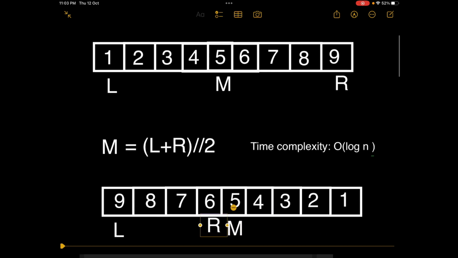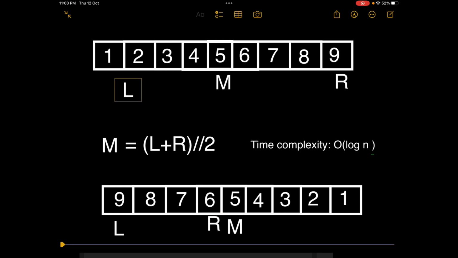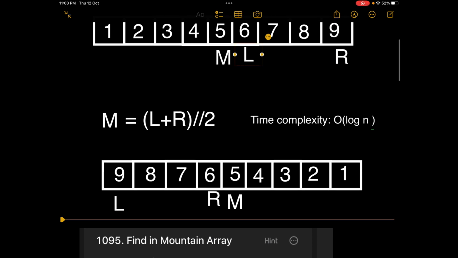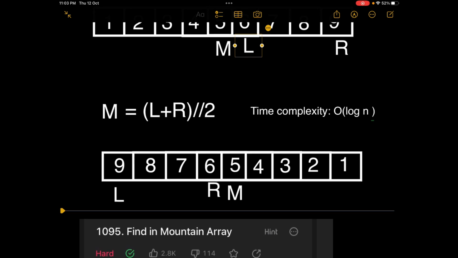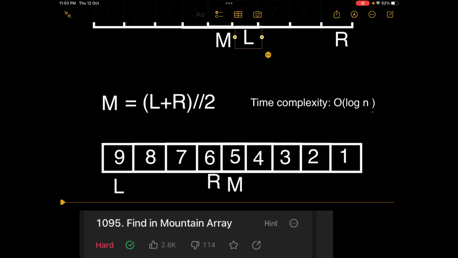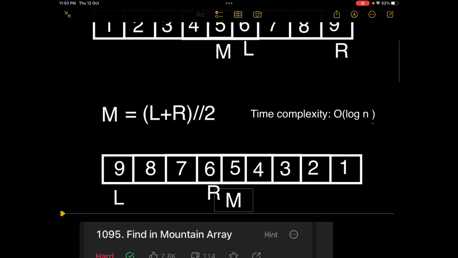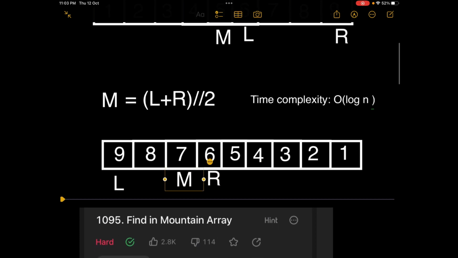In the above case, we shifted our L pointer to m plus 1, but in reverse order we have to shift our right pointer to m minus 1. After that we check again, and we will get our value.